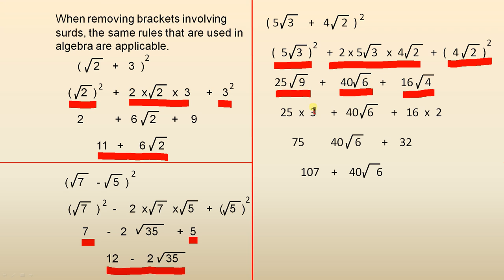The square root of 9 is 3, so it's 25 times 3. The square root of 4 is 2, so it's 16 times 2, and that's 40 root 6. So that's 75, that's 32, and that's 40 root 6. 75 plus 32 is 107, plus 40 root 6.